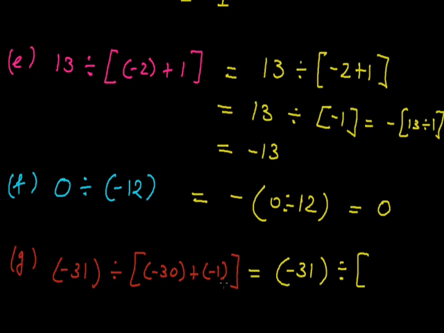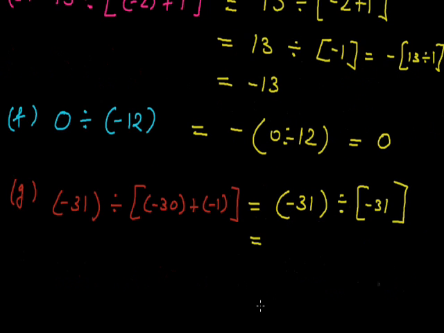Both have the same sign, so we will have minus 31. Since both the numbers have the same sign, they get added and the sign will be that which both integers have. Now here we have minus 31 divided by minus 30 plus minus 1, which is minus 31 divided by minus 31.